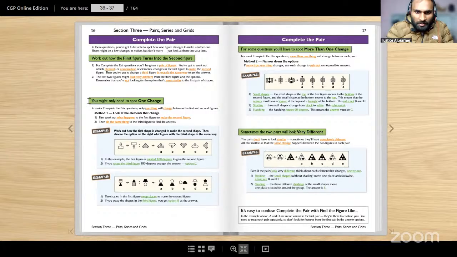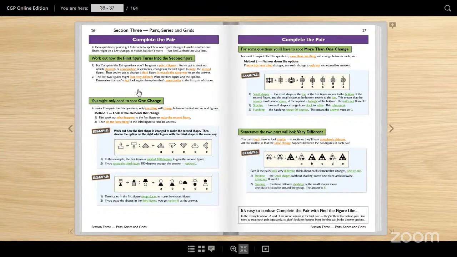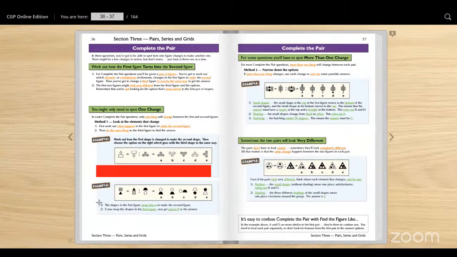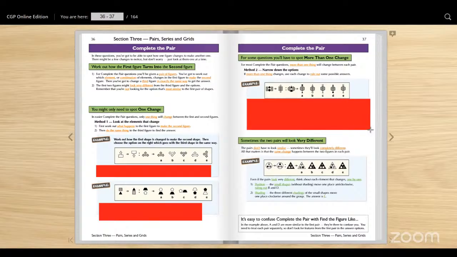Okay, so you might only need to spot one change. In complete the pair questions, only one thing will change between the first and the second figure. Method 1: look at the element that changes. First, work out what happens to the first figure to make the second figure. Then do the same thing to the third figure to find the answer.